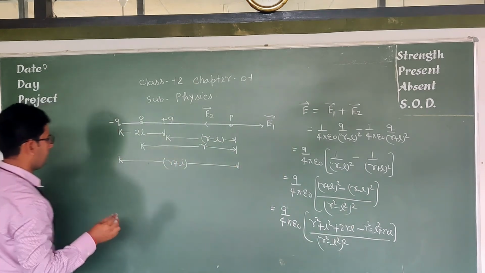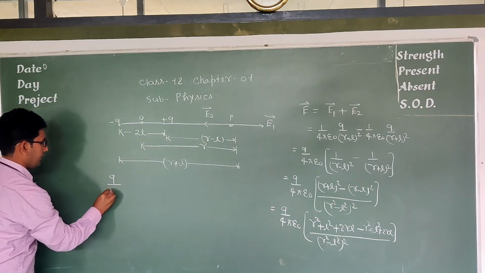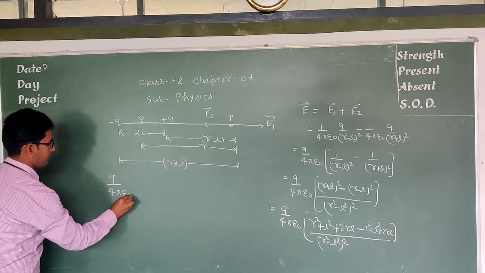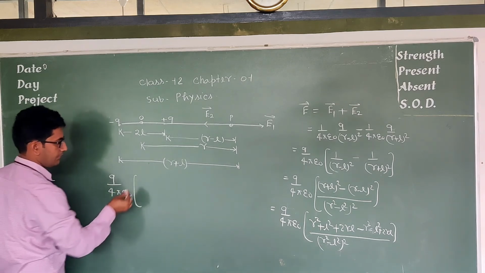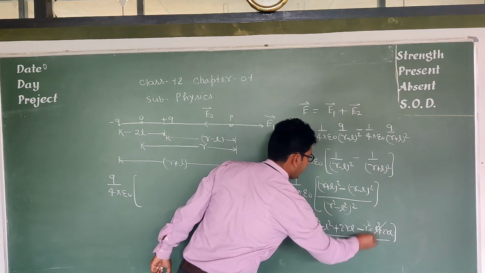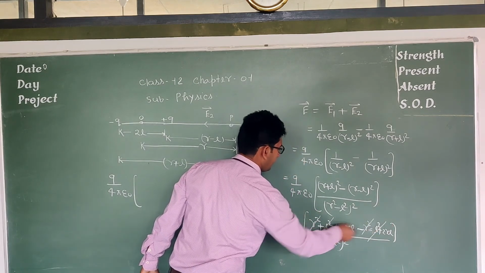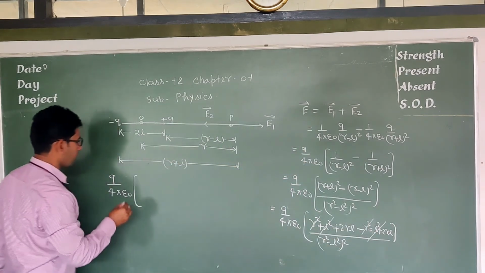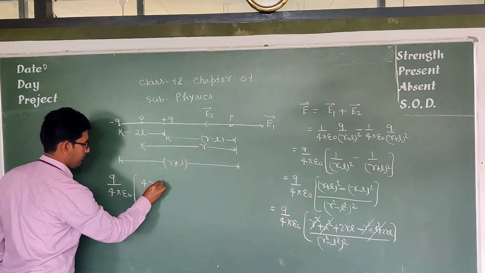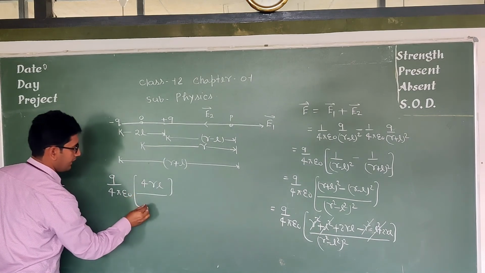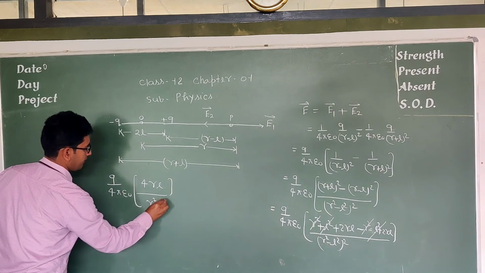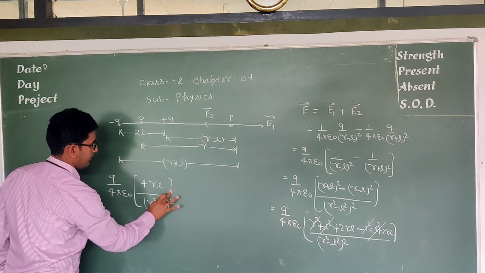After solving, we get Q by 4 pi epsilon naught, and this one and this one cancel out, 2RL plus 2RL equals 4RL, divided by R square minus L square whole square.